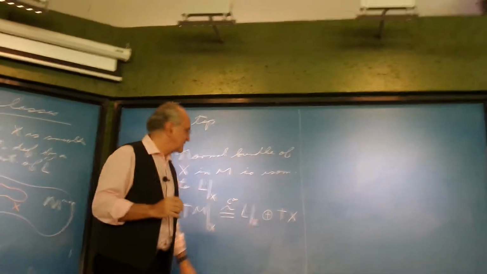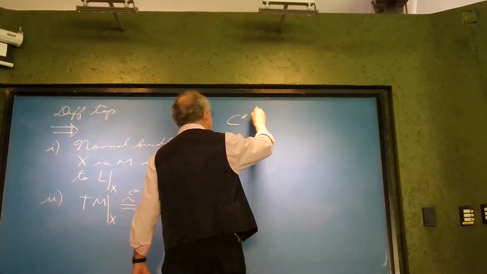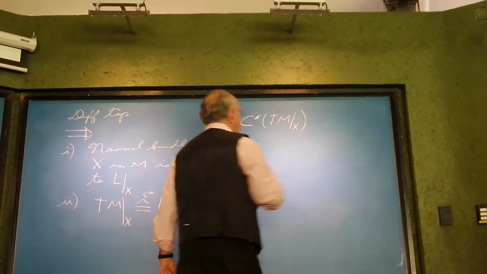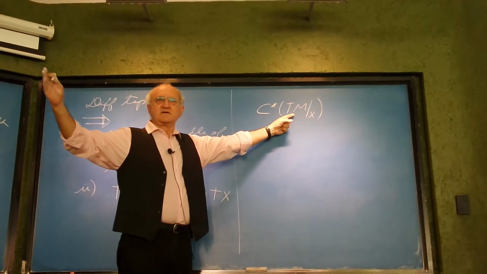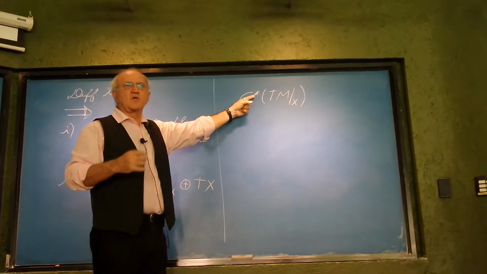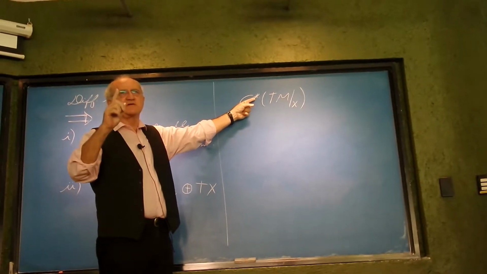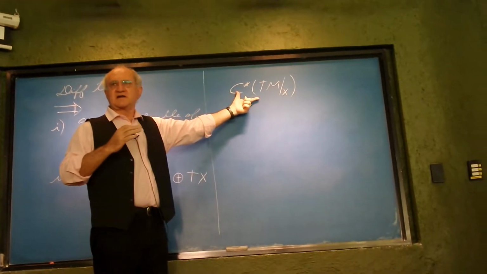Let me write the total Chern class of the tangent bundle of M restricted to X. Total means you take 1, which is C0, plus C1, plus C2, plus C3, you take all of it. That's called the total Chern class.